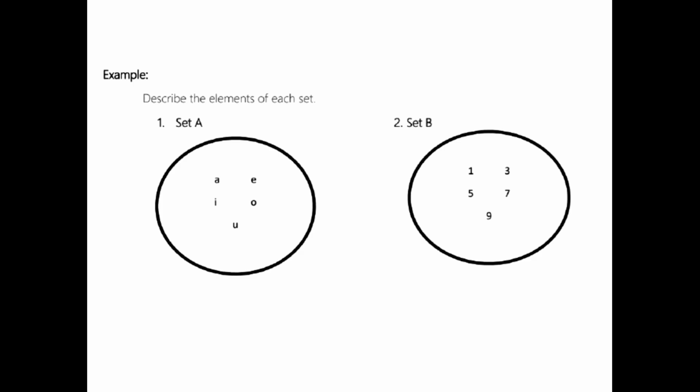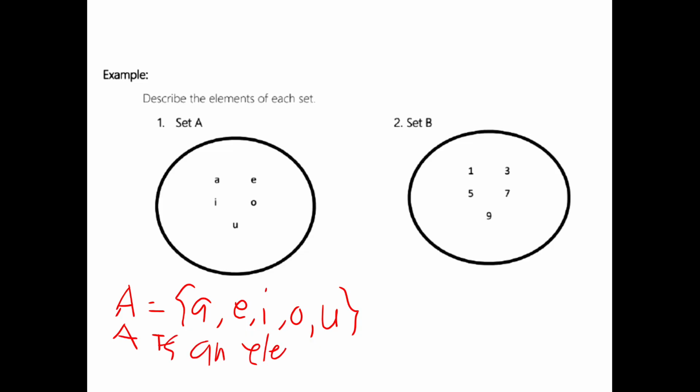So for example, describe the elements of each set. So we have here set A. Its elements are A, E, O. A is an element of the vowels in the alphabet.